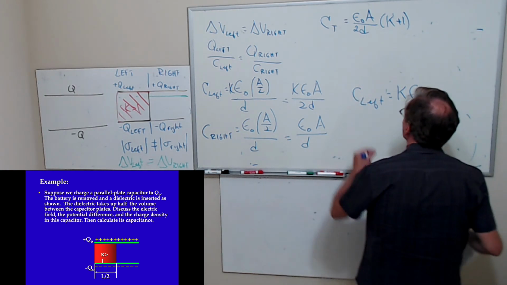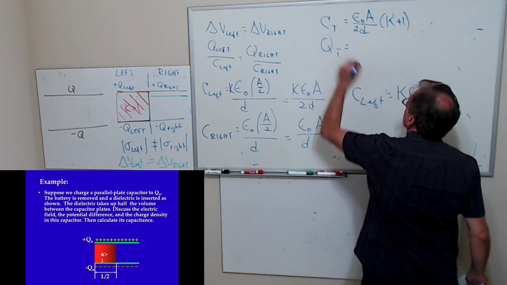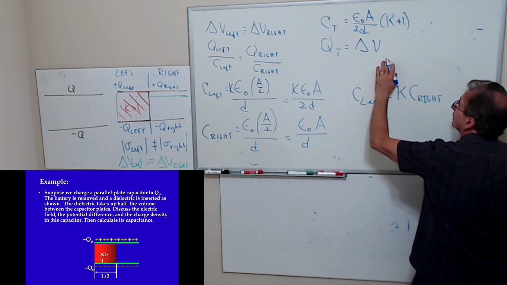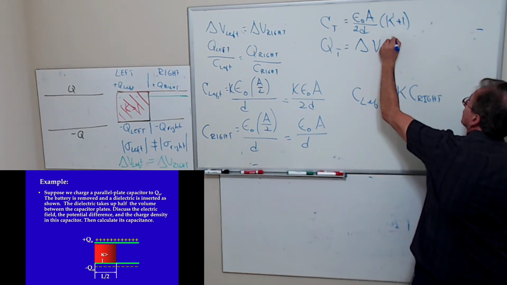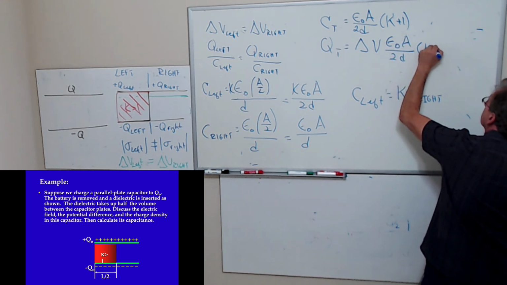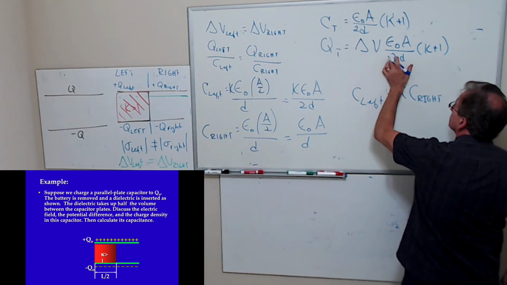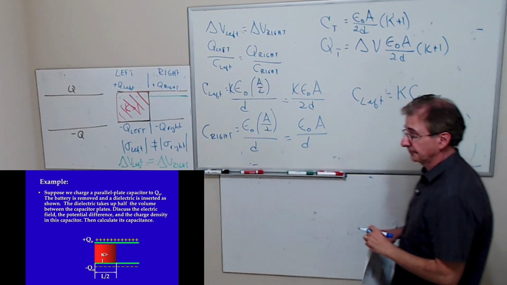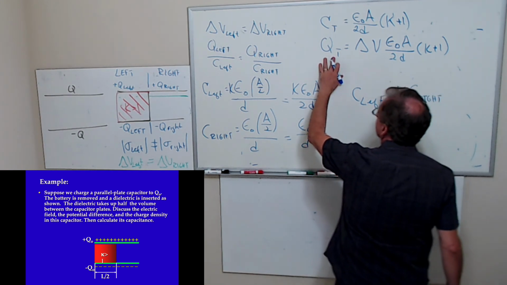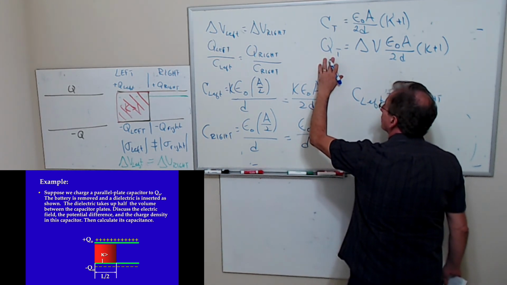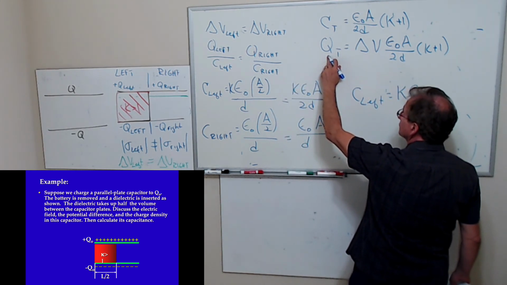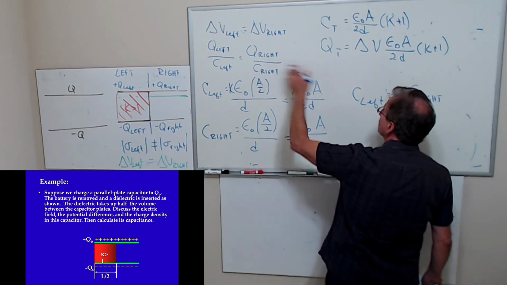In fact, Q total can be written as delta V times epsilon naught A over 2D times kappa plus 1, which is C times delta V. So based on this information, we can actually solve for Q left, and we can solve for Q right.